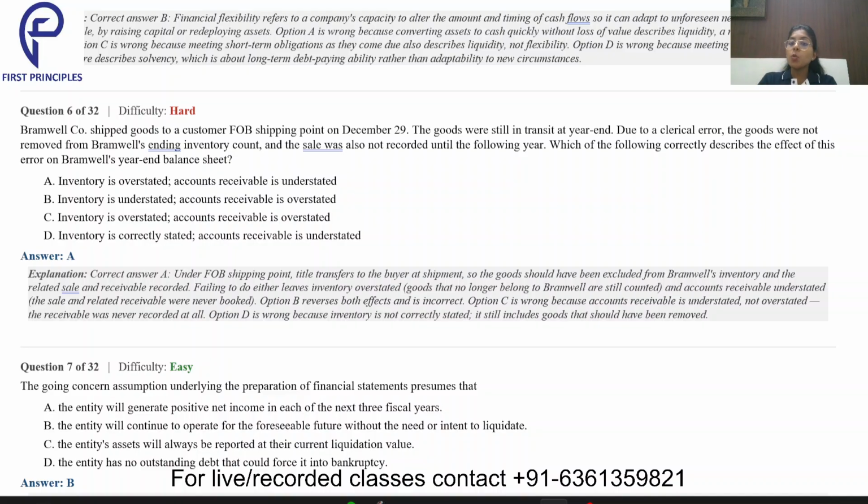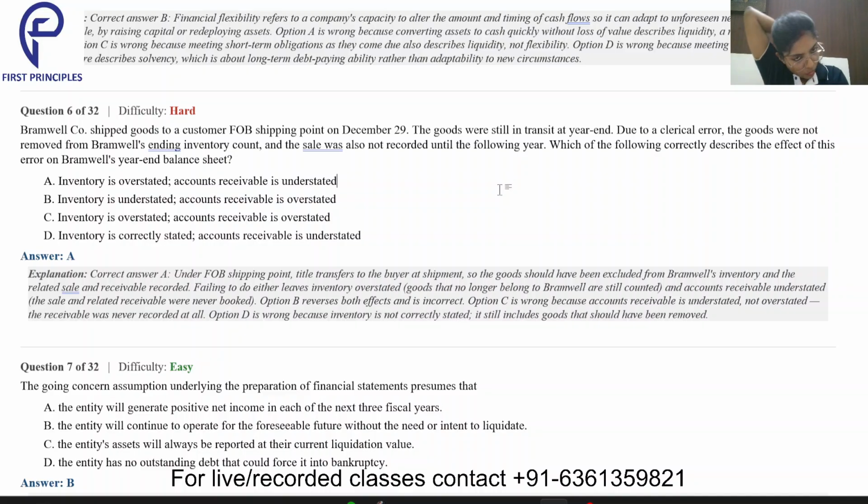Now, due to a clerical error, the goods were not removed from Bramwell's ending inventory count, and the sale was also not recorded until the following year. That means we have not removed that inventory from my balance sheet, and I have also not recorded the sale.